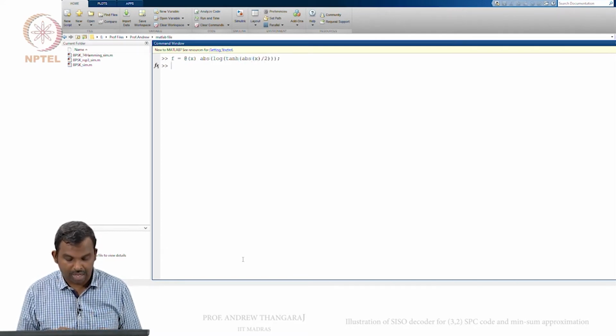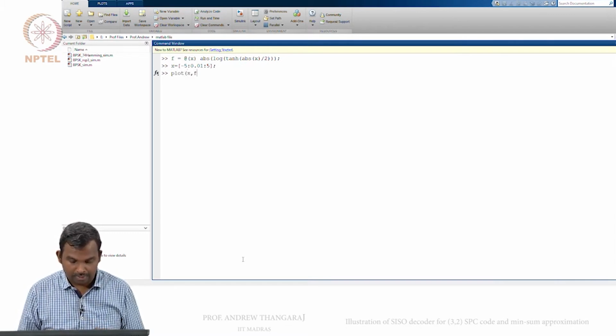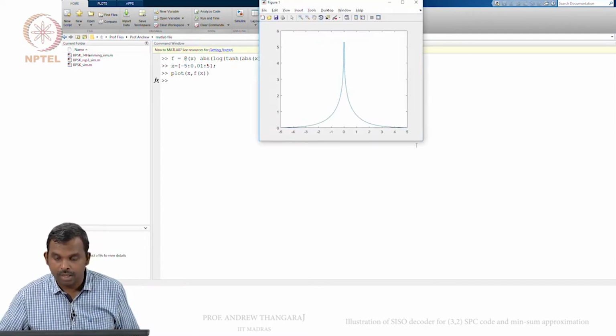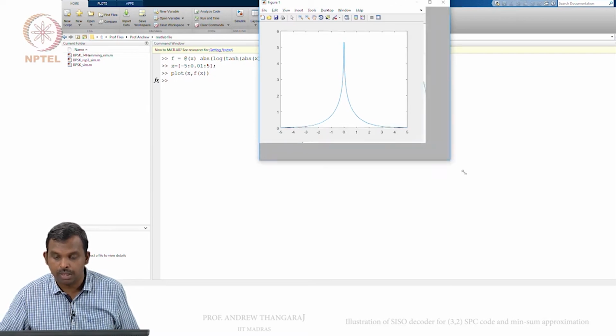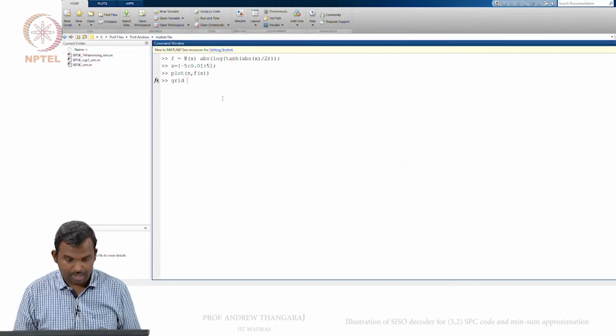That's the function f, and then one can define x in the range -5 to +5, and plot x against f of x. You can see how it works. Let me show you a slightly zoomed-up version of this window, assuming I can get it to work. Yeah, there it is. And maybe I should get the axis on.